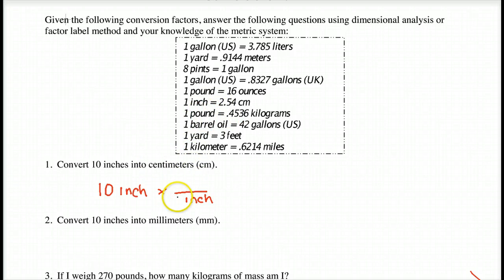I know that for every 1 inch, there is 2.54 centimeters. And I'm going to cancel my inches, and I'm left with centimeters, what I want. And all I have to use is my calculator, but 10 times 2.54 is, of course, 25.4.